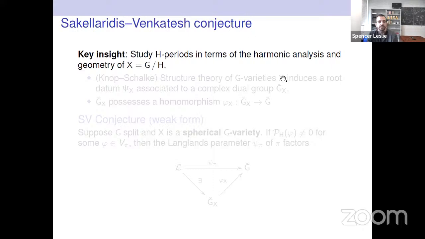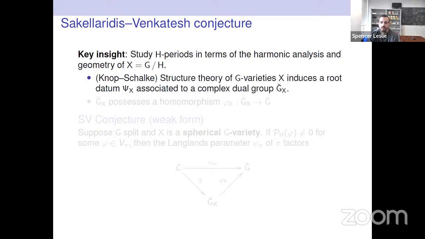But what do I mean by the harmonic analysis and geometry? Well, in classical algebraic geometry you want to study a reductive group acting on a homogeneous space. Then using the basic structure theory of such things, Knop and Schalke explain that, okay, this is actually much more classical than their work, using the structure theory, one obtains a root datum associated to the variety.